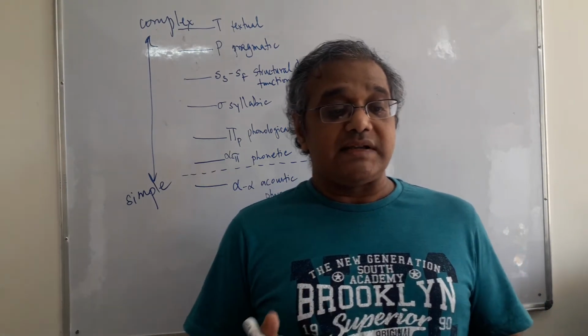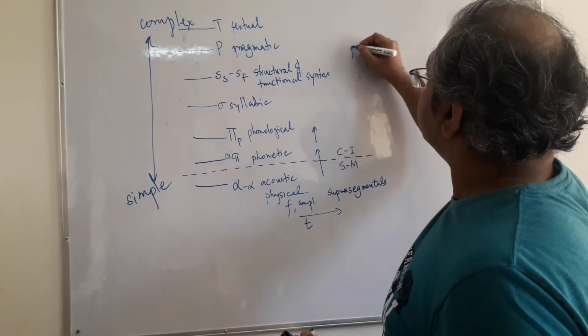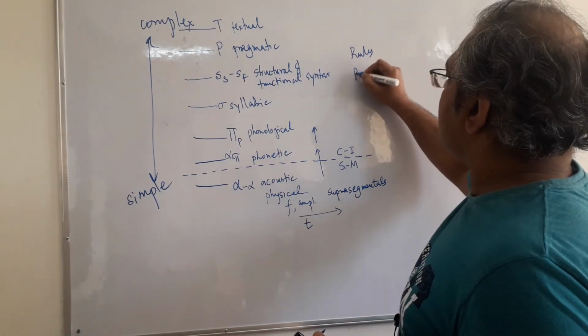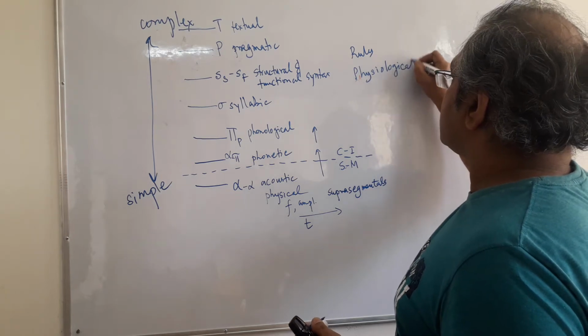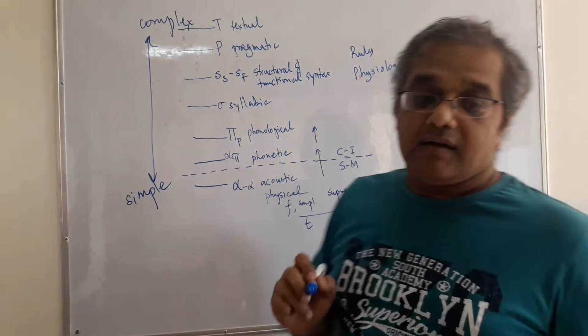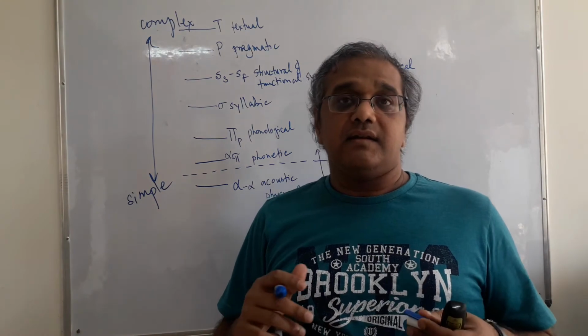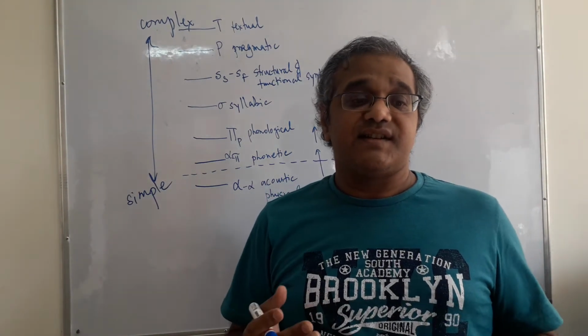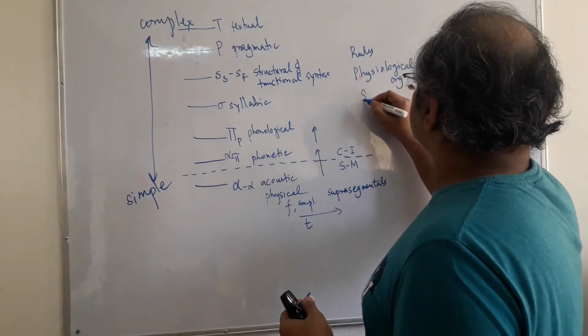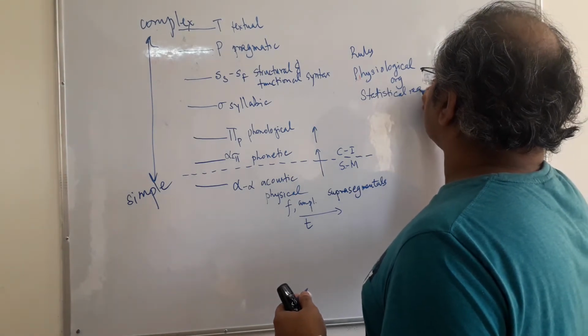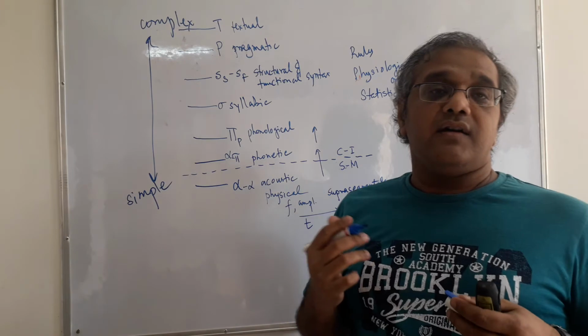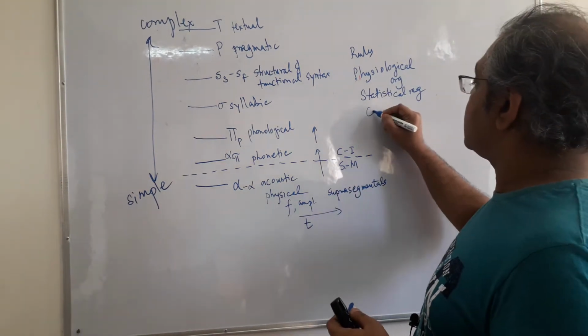One is the rules, then the physiological organization, then the regularities in terms of statistical patterns, and then contextual cues.